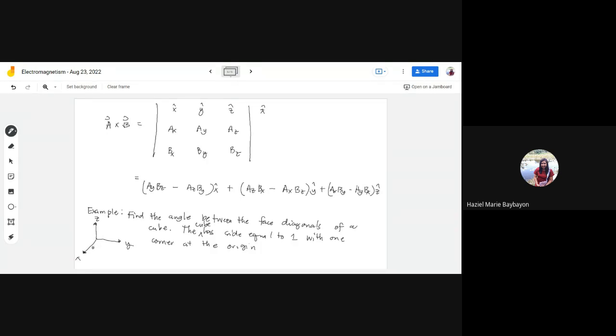So since this is a three-dimensional Cartesian coordinate system, dili na siya katong quadrant 1, 2, 3, 4, class. This is octant, 8 ka partition. So kini diri is the first octant. Okay. So one corner of the cube is in the origin.